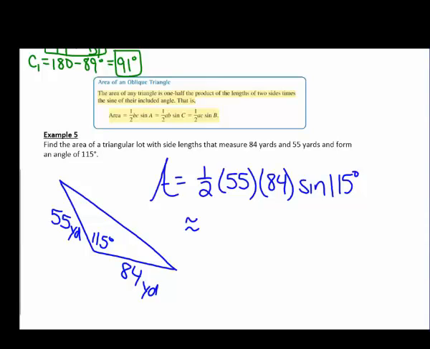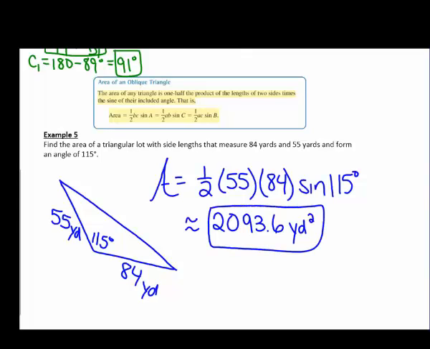And when you plug that all in, you get approximately 2,093.6, and this would be yards squared. And so that's how you can find the area using your law of sines.